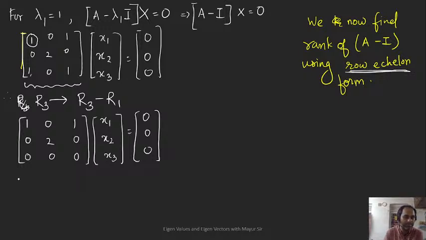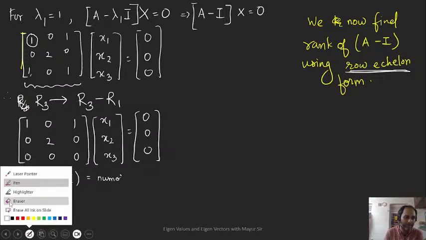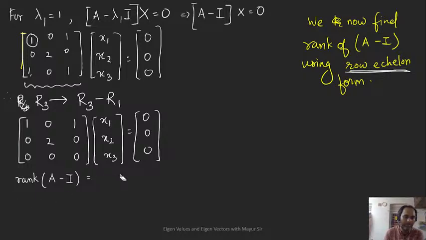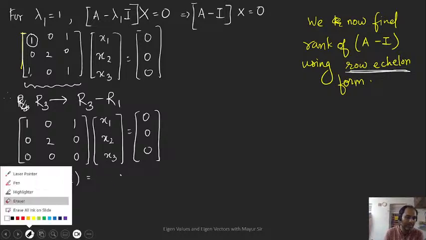Here we write rank of A minus I is the number of, or we just write the rank directly.